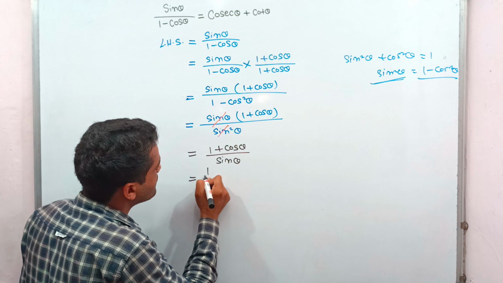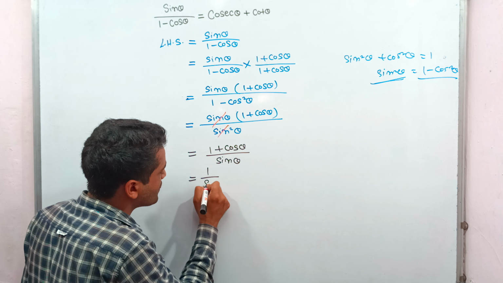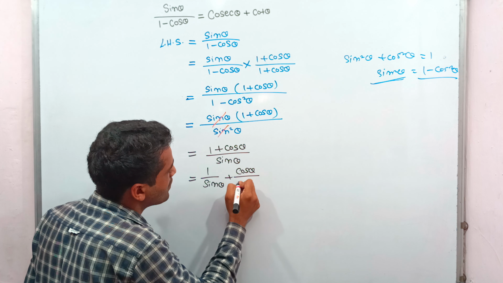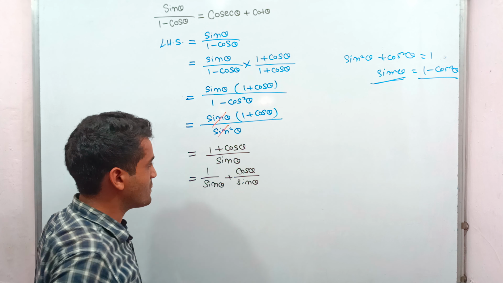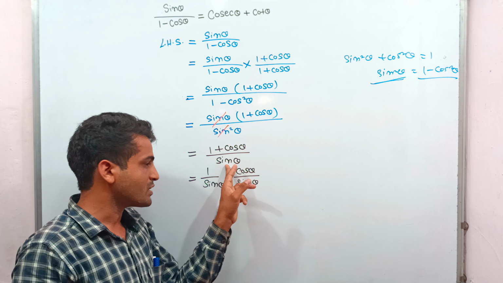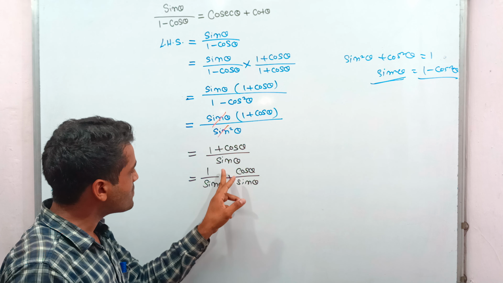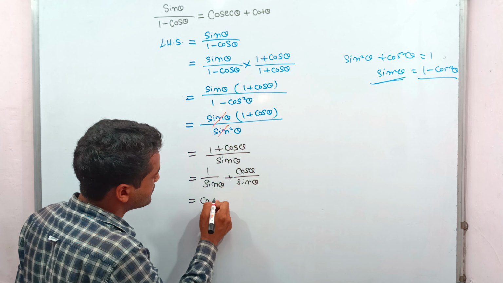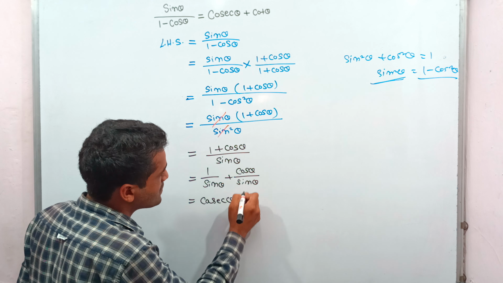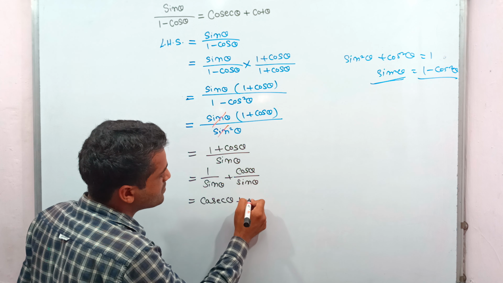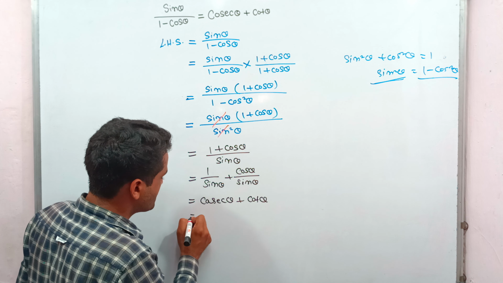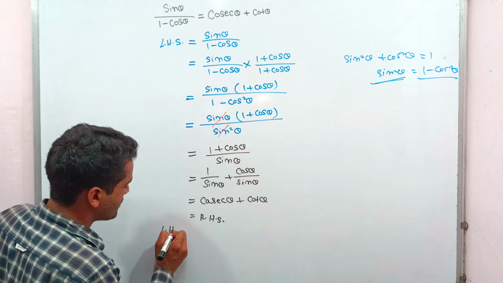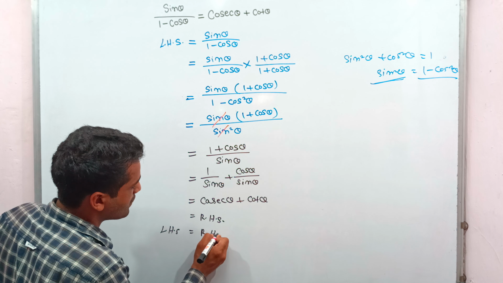Then write one time 1 upon sin of theta plus cos theta upon sin of theta. Therefore 1 upon sin theta will be cosec theta, and cos theta upon sin theta is cot of theta, which is equal to the right hand side. Therefore left hand side is equal to right hand side.